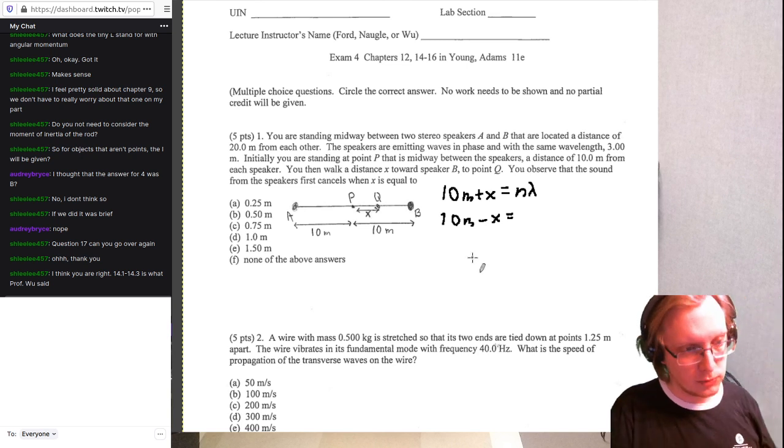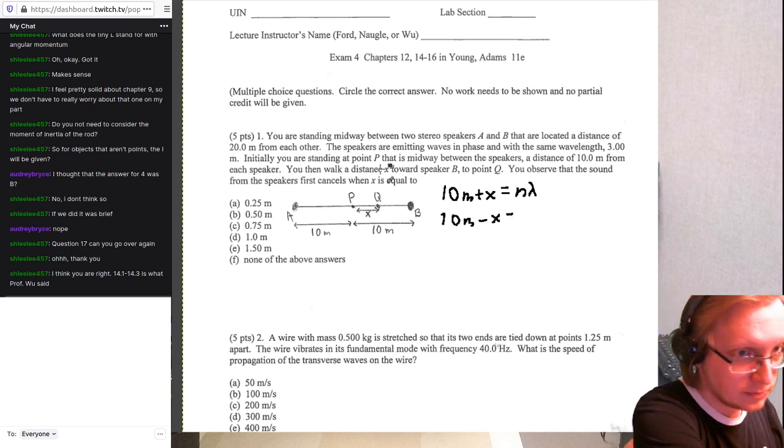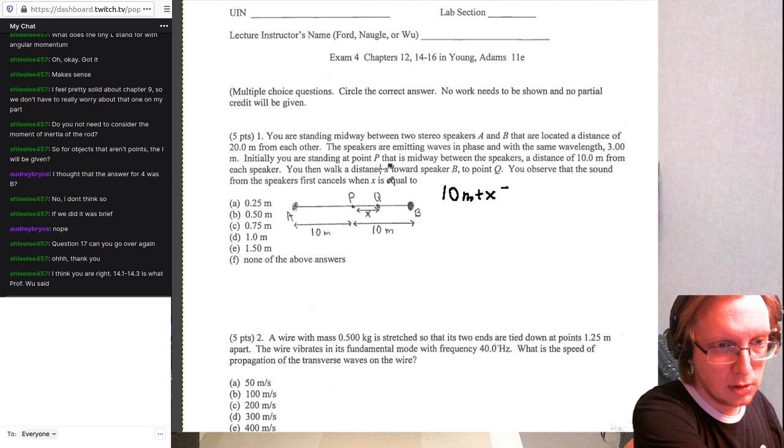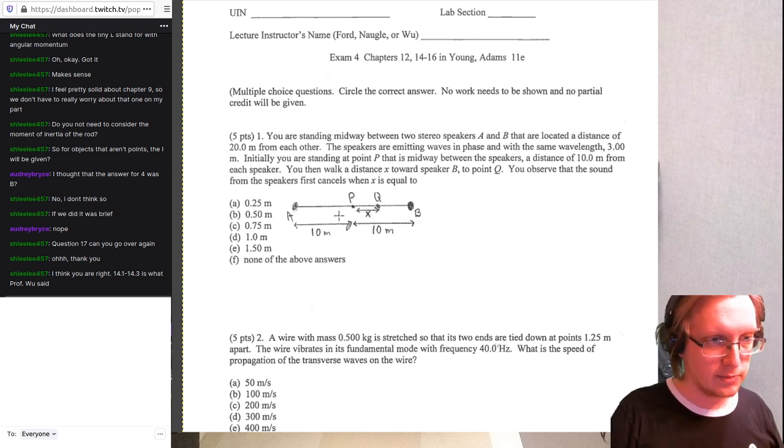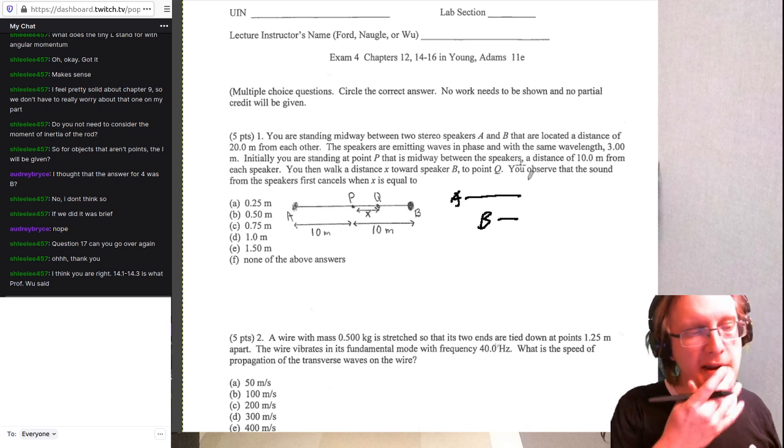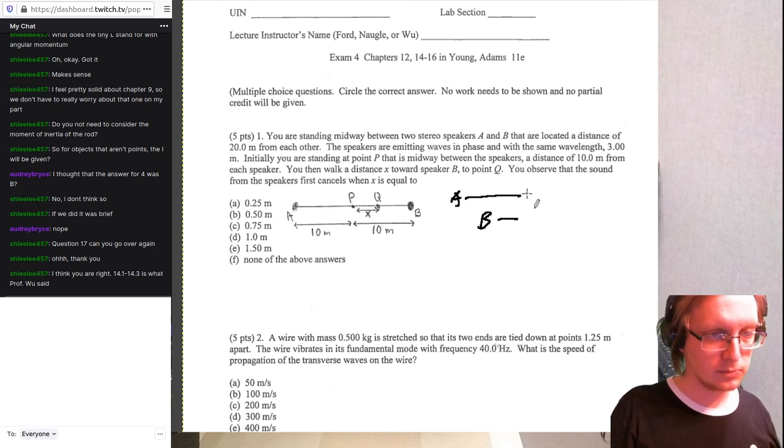Okay, I'm going to break this diagram into two shapes here. So we have A here, and we're going to have some distance out, and then we're going to have a B here.